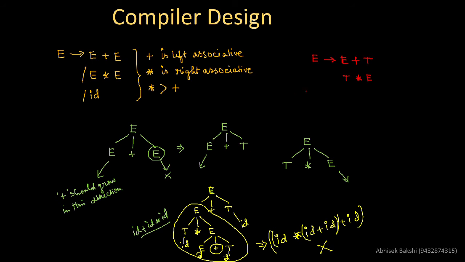So what can I write? I can write T to T star. You see what we are doing? We have started from plus and seen that this star cannot come until plus came, because T to T star E and E is my start symbol.